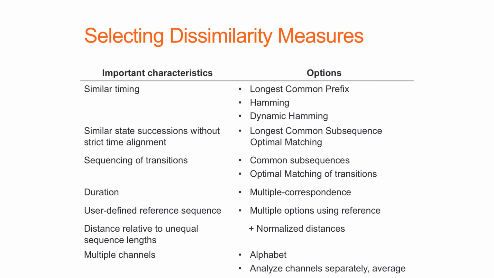And if the data have multiple channels, you can deal with that by changing the alphabet, like we saw here with multiple states represented in the alphabet, or analyze channels separately and then combine them with an averaging method.